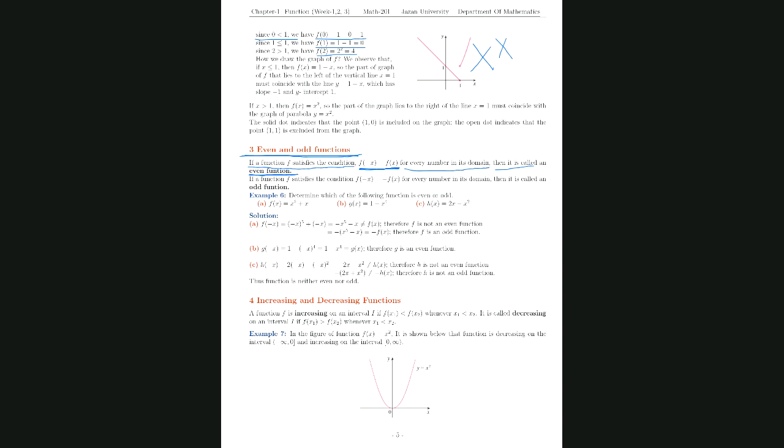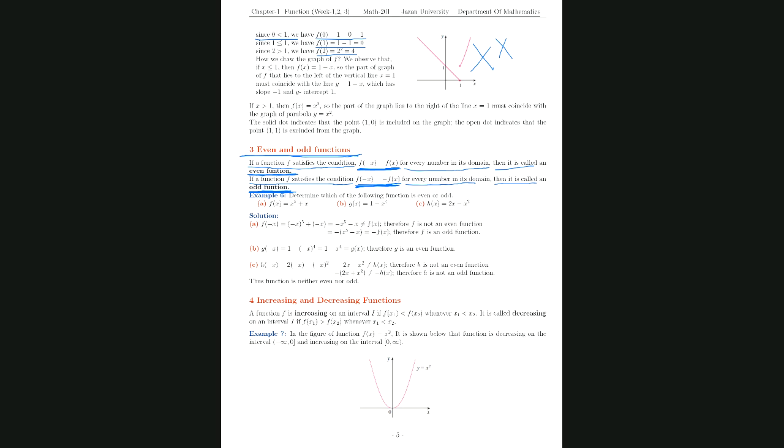Now odd: if a function f satisfies the condition f of minus x equals minus f of x for every number in its domain, then it is called an odd function. So you have to check these conditions.